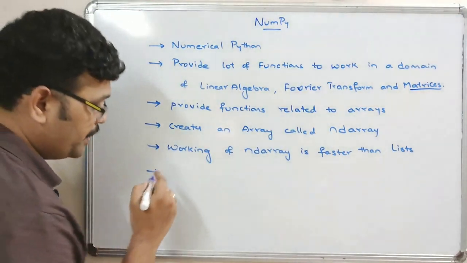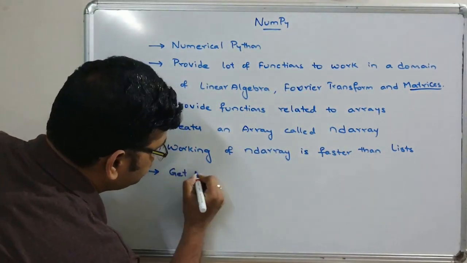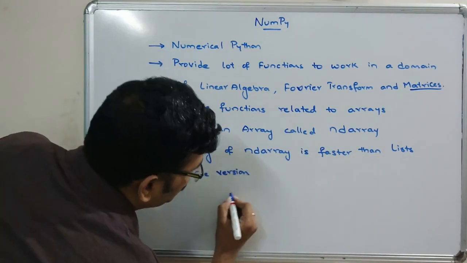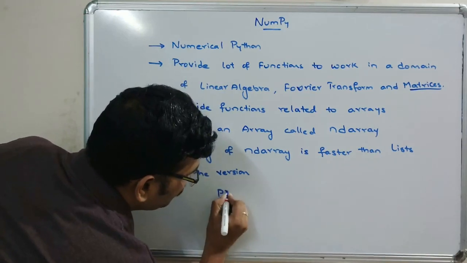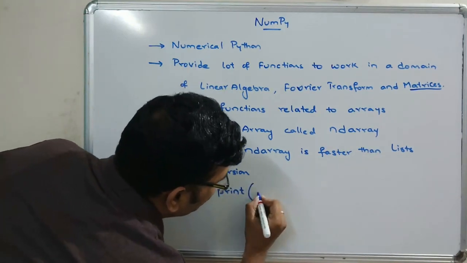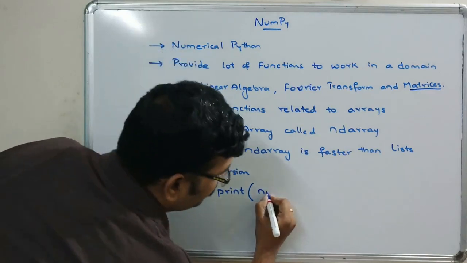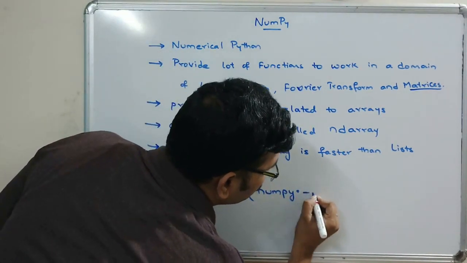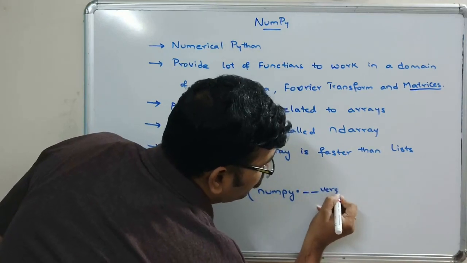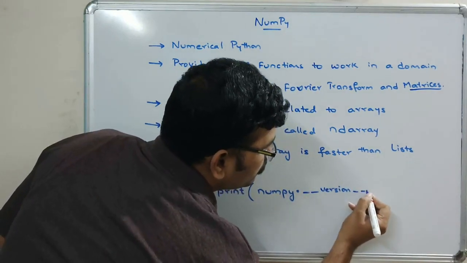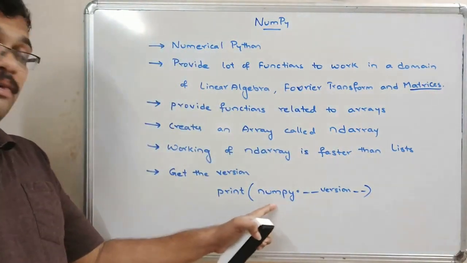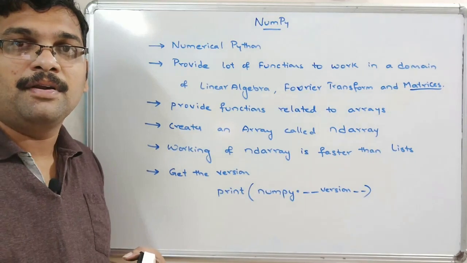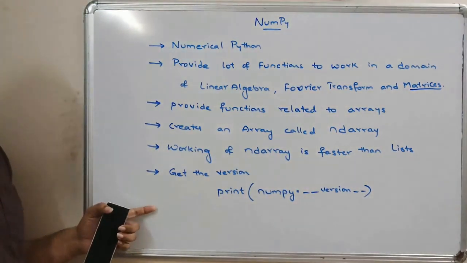And how to get the version of NumPy? To get the version, just go with the statement print NumPy dot underscore underscore version underscore underscore. This will give the version of NumPy which has been installed in your system, right?